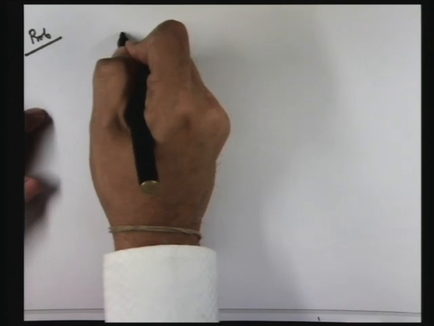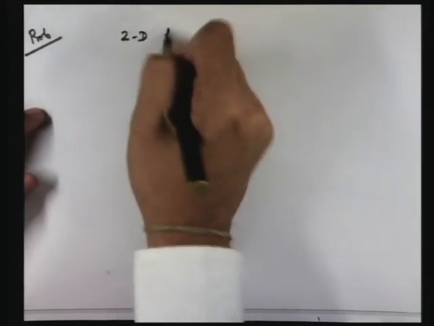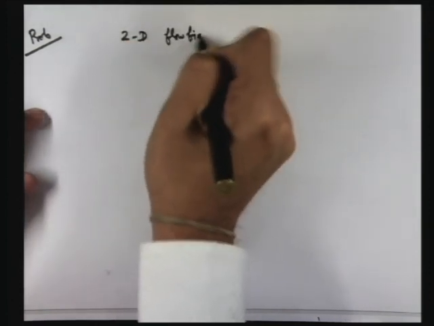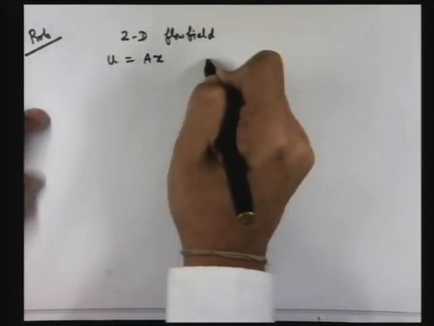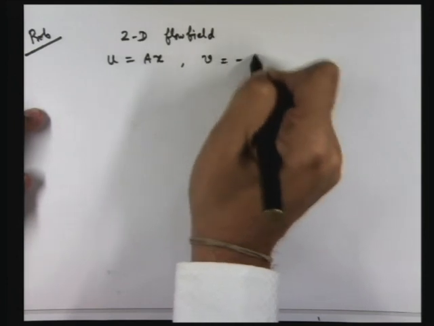Let us say that you have a two-dimensional flow field with u equal to ax and v is equal to minus ay.